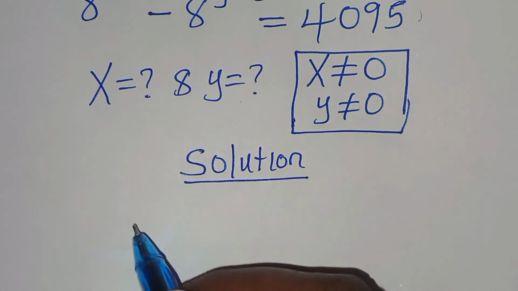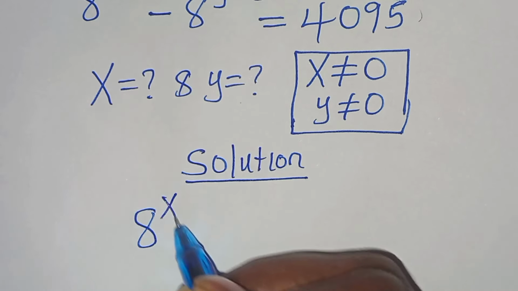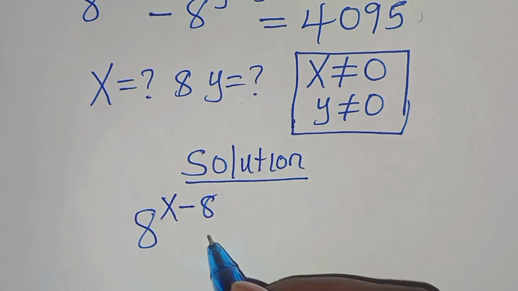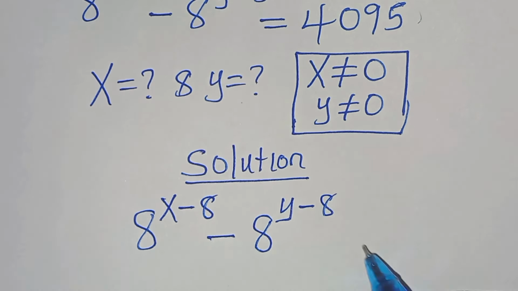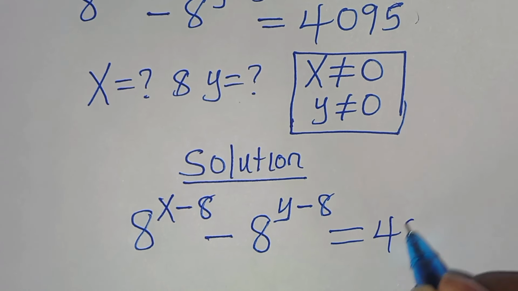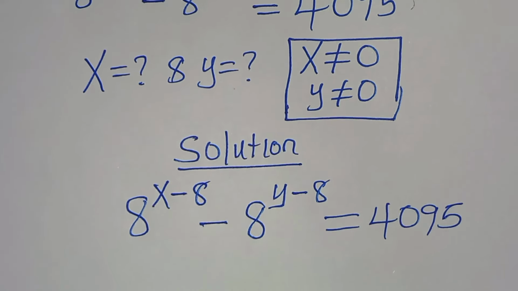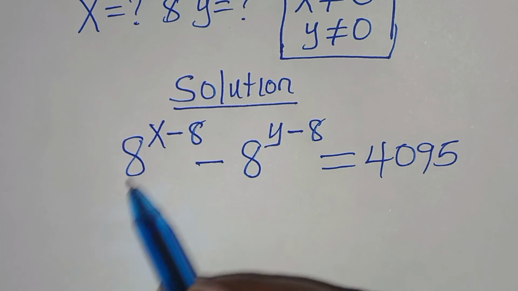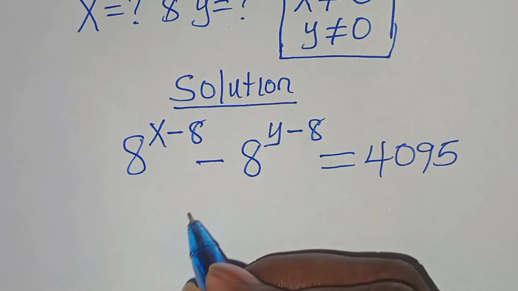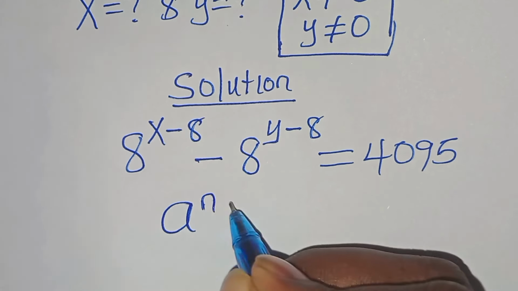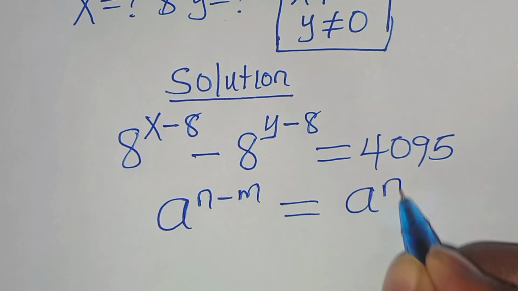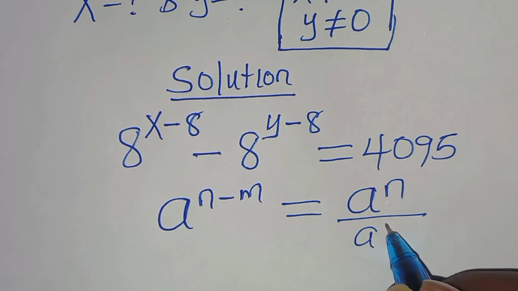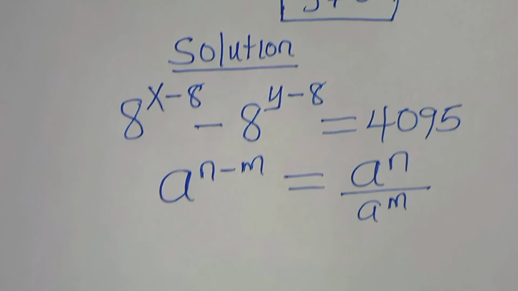So we have 8 to the power of x minus 8, then subtract 8 to the power of y minus 8, is equal to 4095. This equation is in the form of 8 to the power of n minus m, which can be expressed as 8 to the power of n over 8 to the power of m.